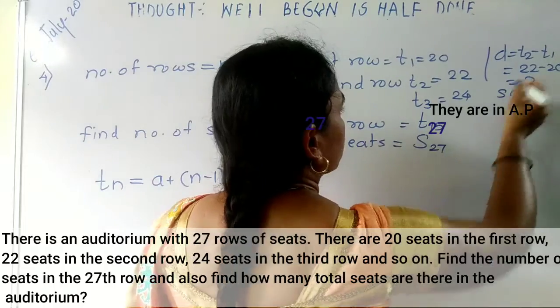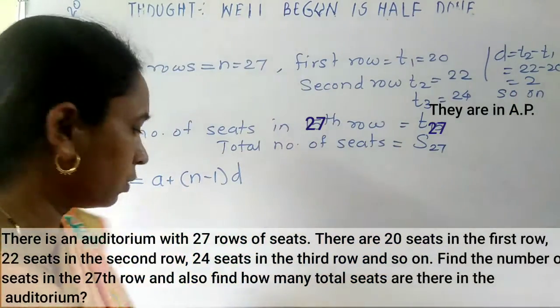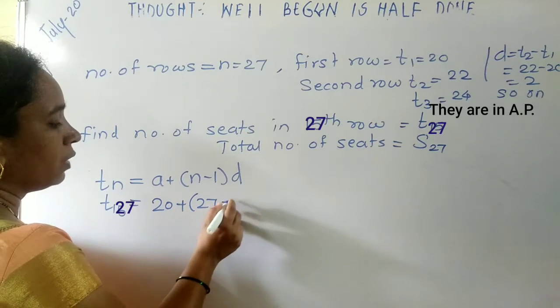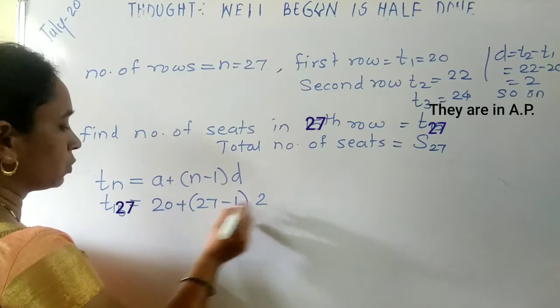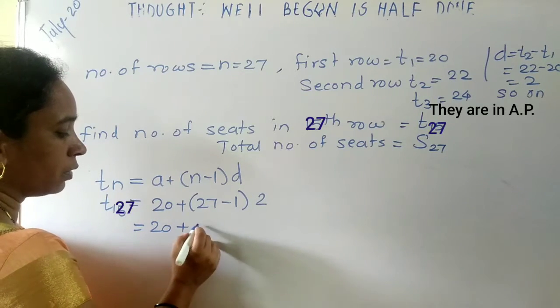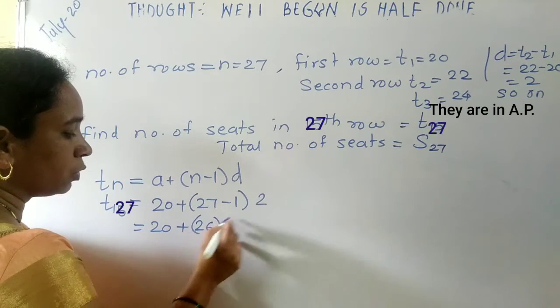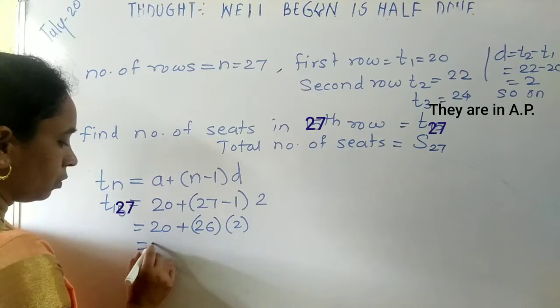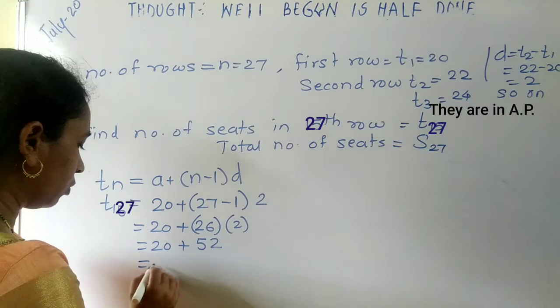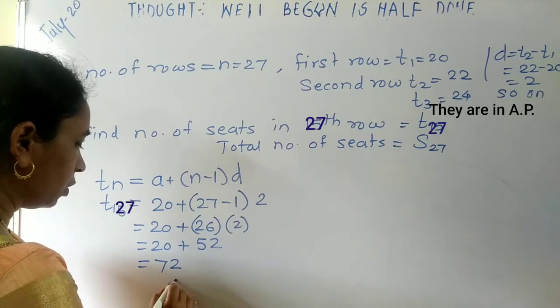So answer comes 2. So D's value is 2. That I'll put in this. So 27 minus 1 into D, D is 2. So 27 minus 1, that means it is 26 into 2. 20 plus 52. 26 multiplied by 2, you will get the answer 52, so the answer is 72.